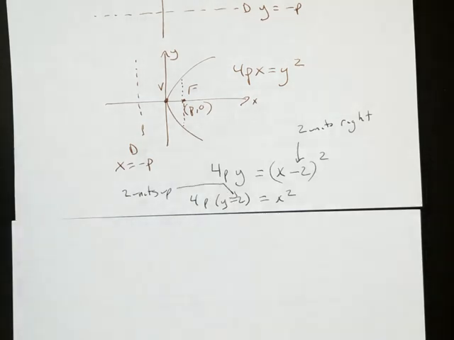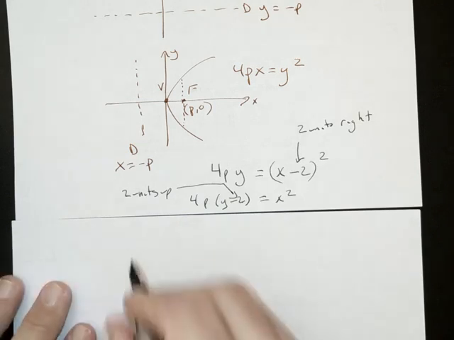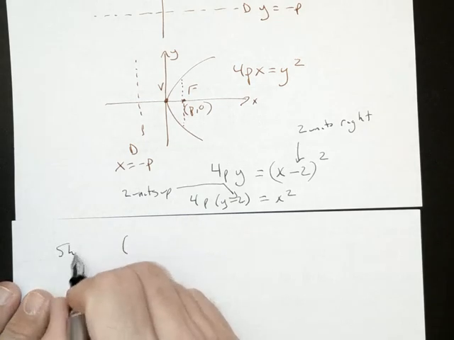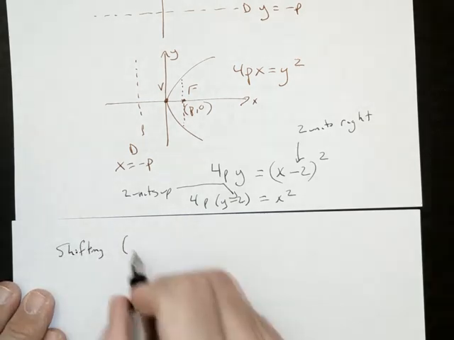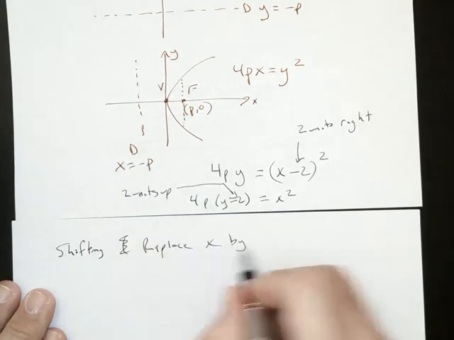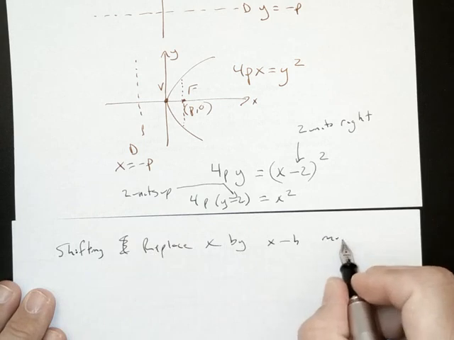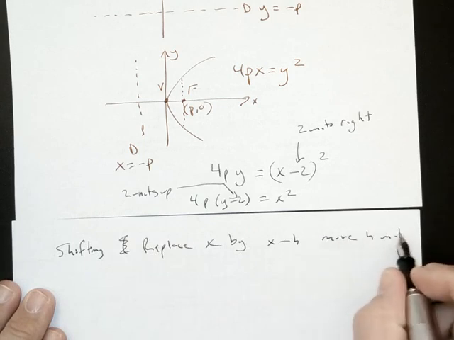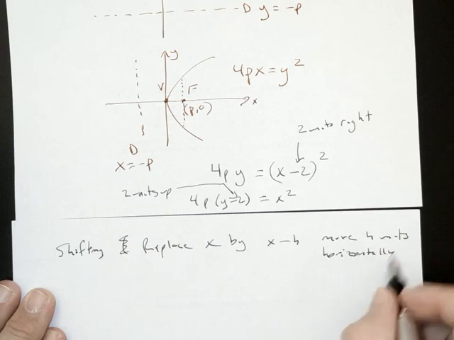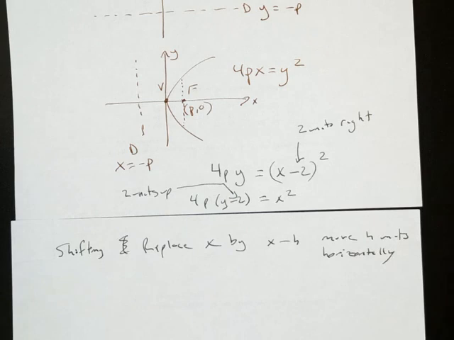As a matter of fact, that's true in general. If you take your x and replace it with x minus h, you move h units horizontally.